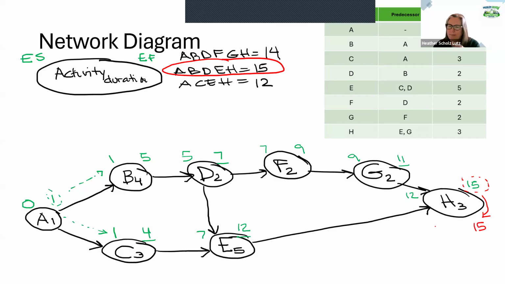If there were multiple ending nodes, you're going to choose the largest one, and then that largest early finish becomes the late finish for all of those nodes. What we're going to do then to get the late start is subtract the duration. So 15 minus 3 is 12. So again, I'm calling these connections because we're going this way. So if there's one connection like to G, late start is going to become the late finish.